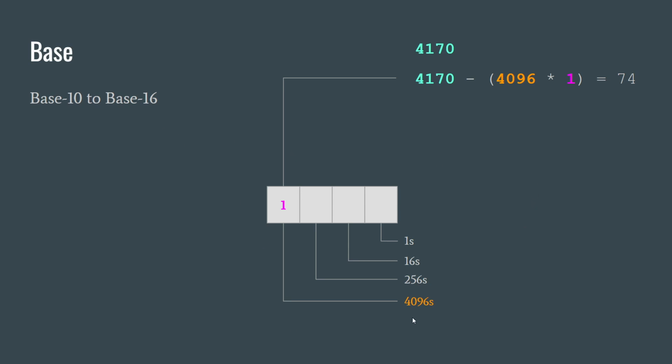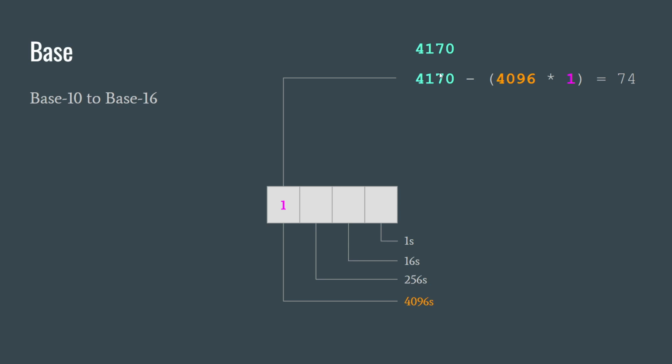First thing we're going to do is look at each place and see how many times that place goes into that number. So in this case, how many times does 4,096 go into 4,170? And the answer is 1.